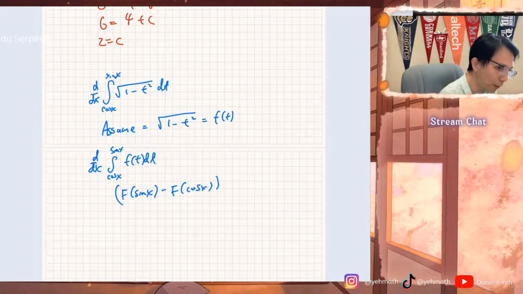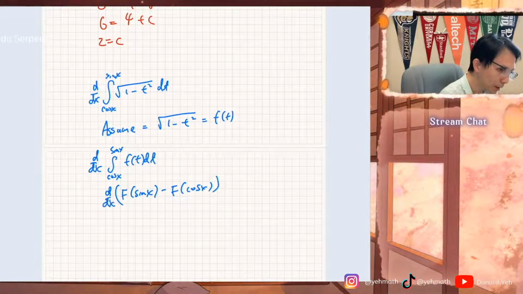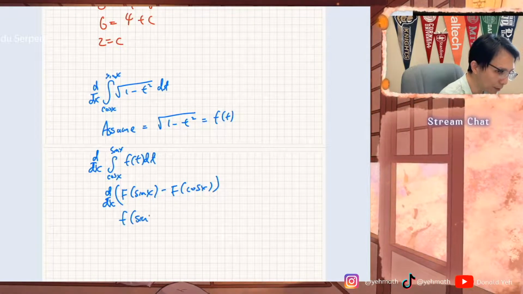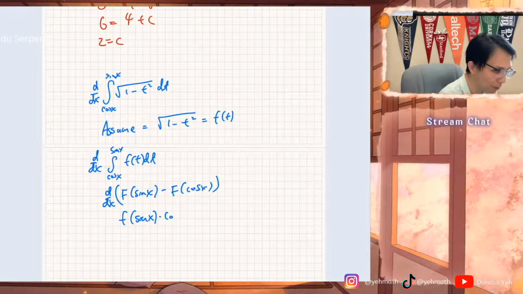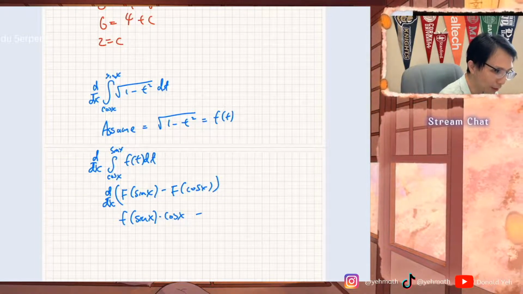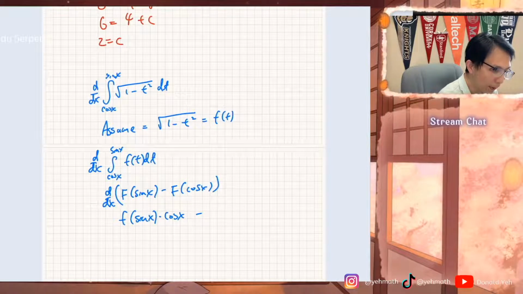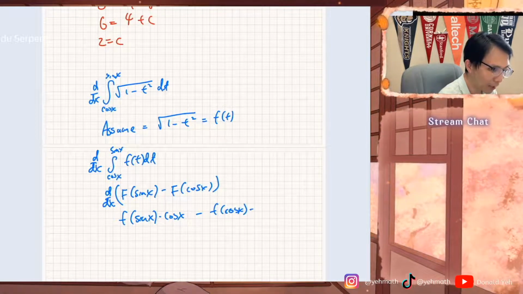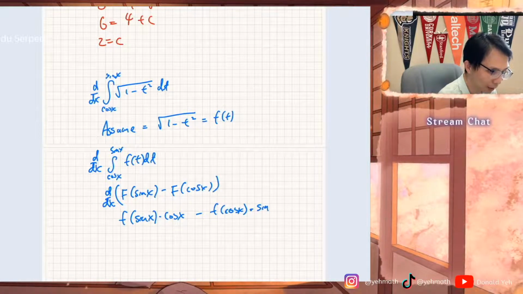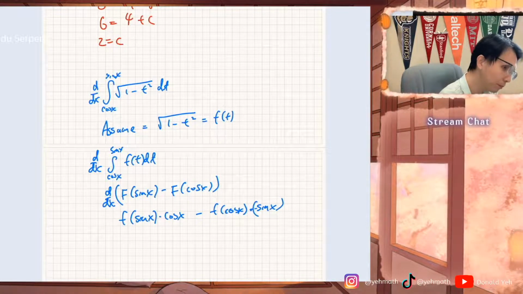Does that make sense so far? Yes. And that's equal to f of sine of x times the derivative inside, which is cosine of x, minus f of cosine of x times sine of x, but it's negative.